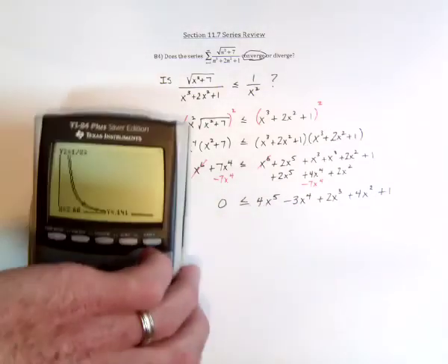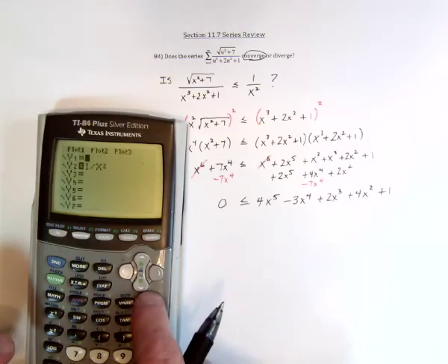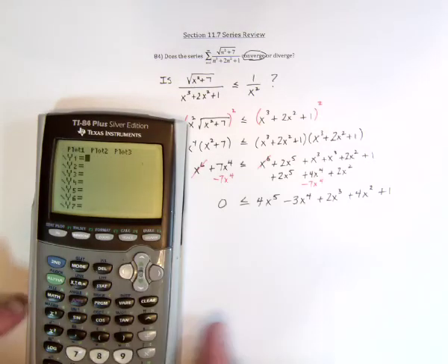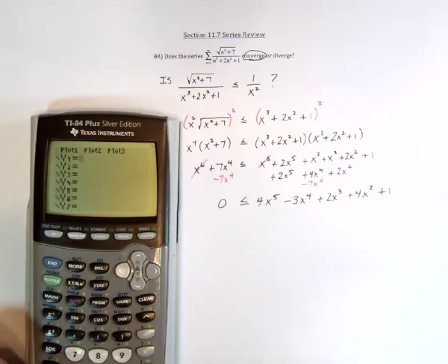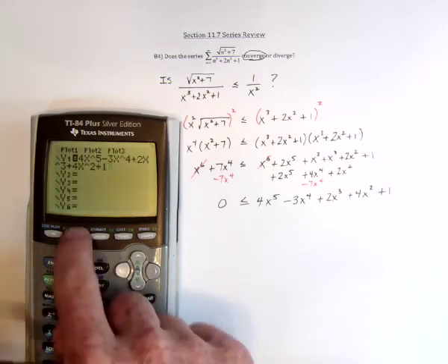So then we could verify 4x to the fifth minus 3x to the fourth plus 2x cubed plus 4x squared plus 1.